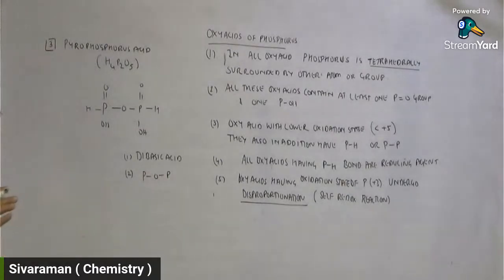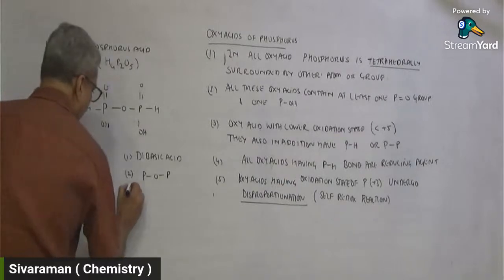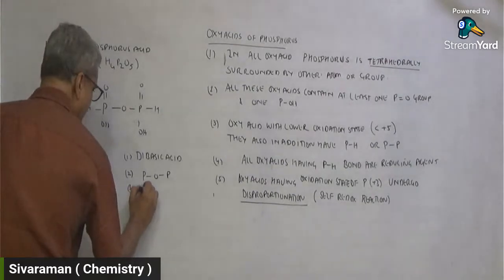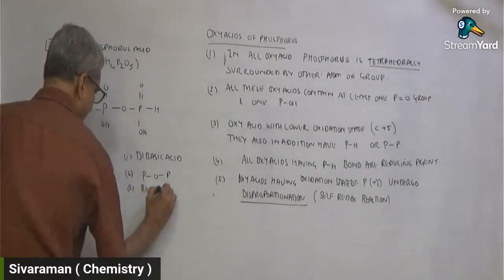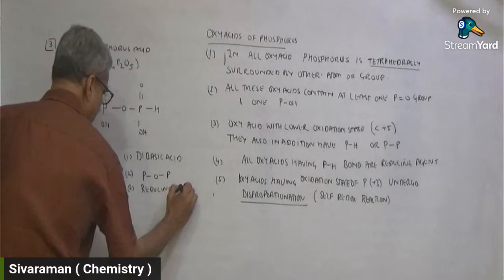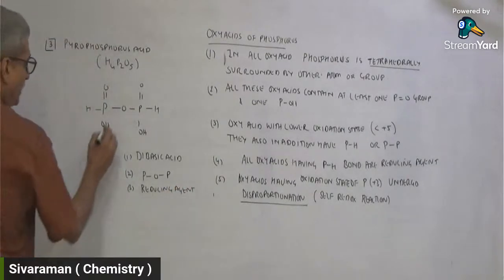Up to now we have always talked about PO and POH being compulsory, and some have PH, but pyrophosphorus and pyrophosphoric will have a POP linkage. The third point, presence of PH, it is a reducing agent. It is clear.